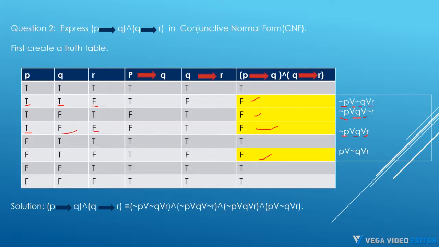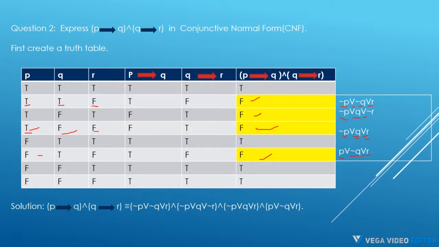So in order for not P or Q or R to be false, we have to negate P. Then the last one we have P or not Q or R, which means P is false here.